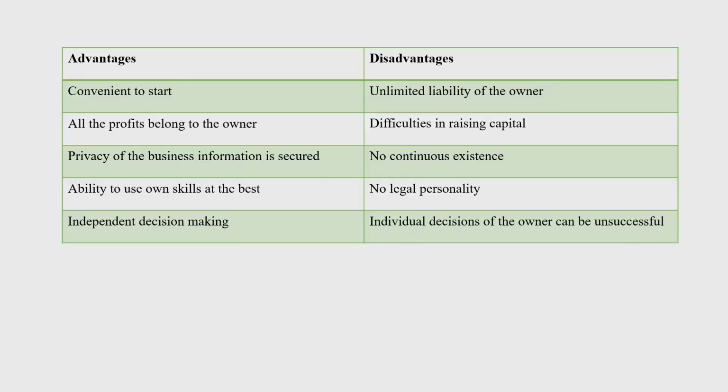All the profits belong to the owner, no need to share it among partners, no profit distribution. Privacy of the business information is secured, no second party is involved. The business secrets are safe with the owner. The owner can use his skills to the best and there is no interference in decision making. The owner can make his own decisions.